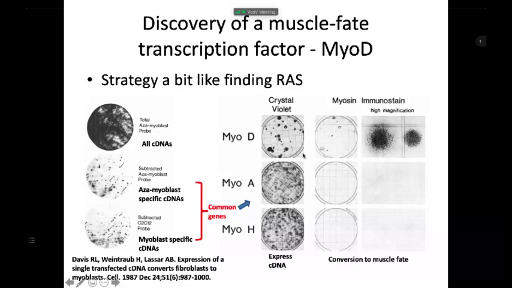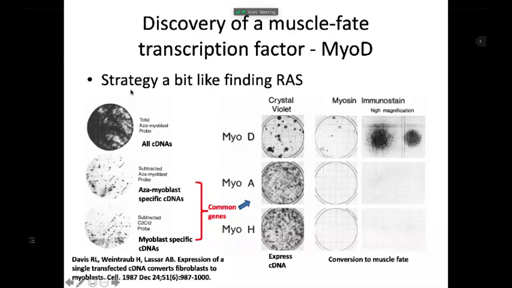The stain with crystal violet shows us where there are colonies of cells growing, and then we stain for myosin, which is a muscle marker, and this determines whether these cells have converted to a muscle fate, and taken together we can find colonies that have converted to a muscle fate only when we transfect, we put in MyoD into these fibroblasts.